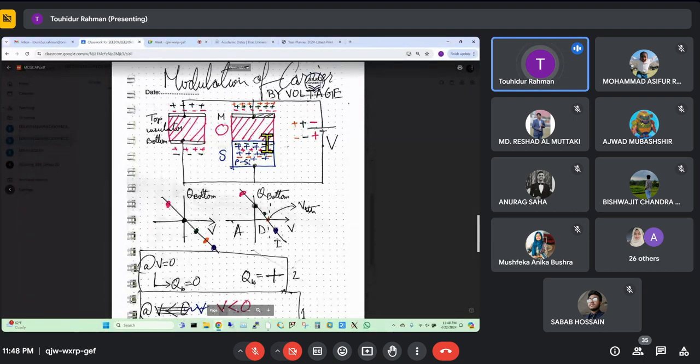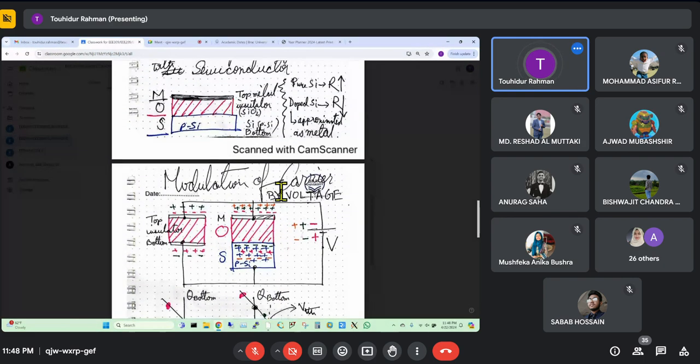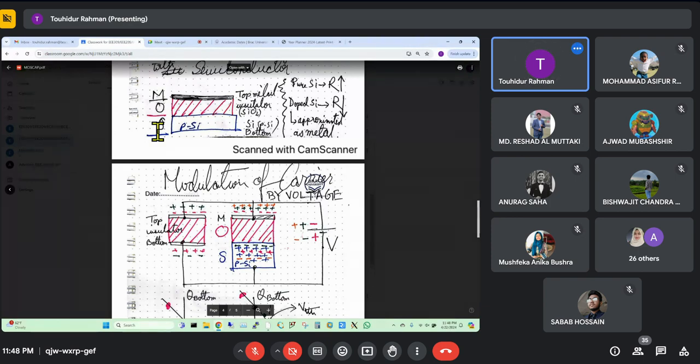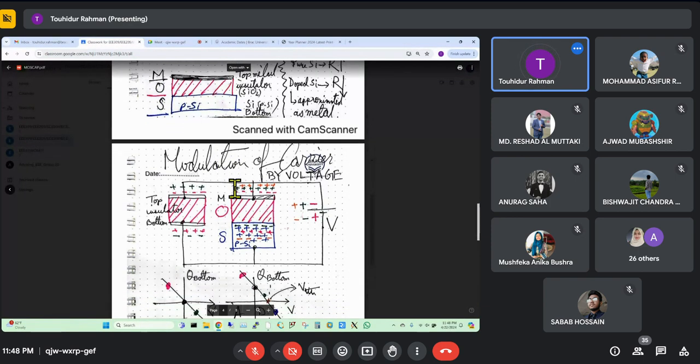Another one is the MOS capacitor. By the way, why do we call it MOS? At the top we have metal, M, the insulator is an oxide, O, and at the bottom we have semiconductor, S. So these three terms combine together as MOS.